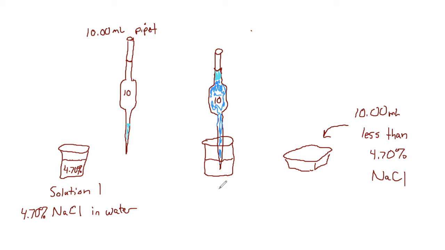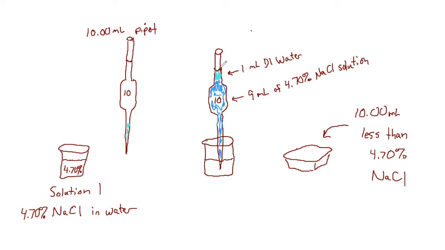Then when you draw up the solution into the pipette, it's mixing with the DI water. So when you draw it up to hit that 10 milliliter line, as you should, some people mistakenly think that they're going to go past that line, but there's no reason why you would go past the line. You're trying to do this the proper way.